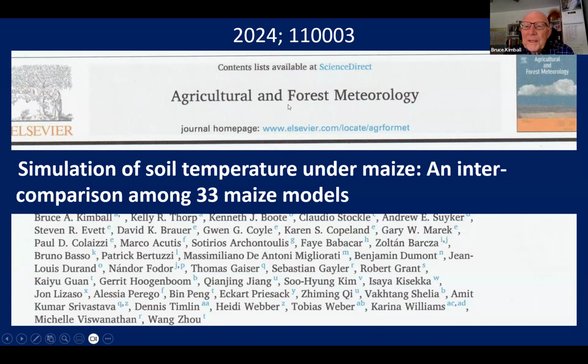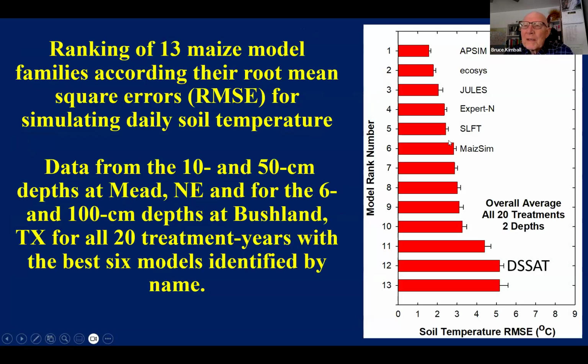And at both of the sites where we were getting the ET measurements, they also had supplied soil temperatures. So I thought we should go ahead and test how well those maize models that did simulate soil temperature were doing on that particular job. We got a paper out at the beginning of the year that shows the results of that intercomparison.